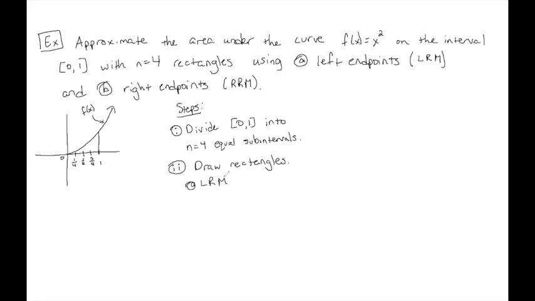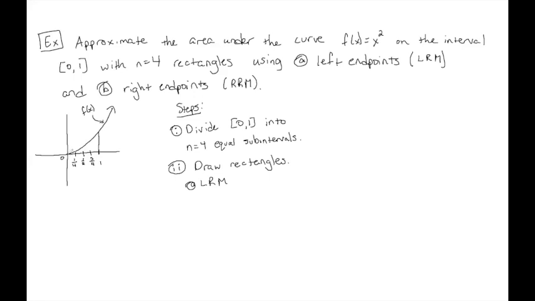Okay, so this, remember, says that the height of the rectangle is determined by the left endpoint of the rectangle. So notice I have 4 rectangles here. One has width 0 to 1/4, another has width 1/4 to 1/2, another has width 1/2 to 3/4, and the final one has width 3/4 to 1. There are 4 even rectangles that can be constructed in here.